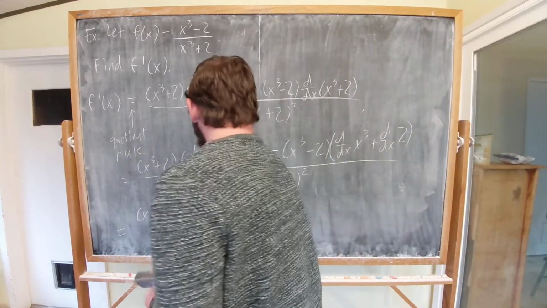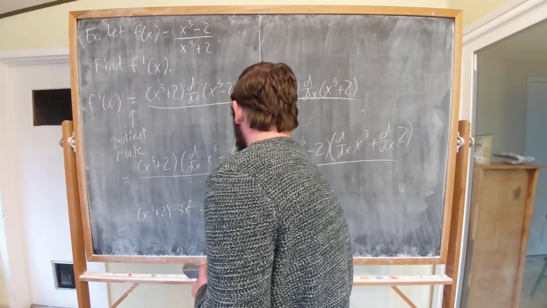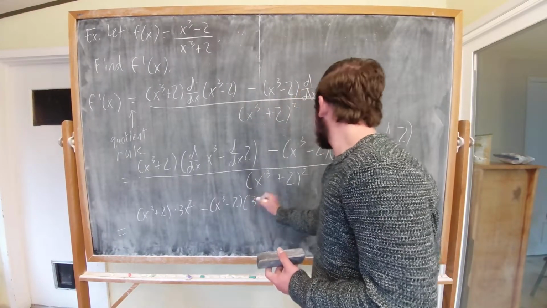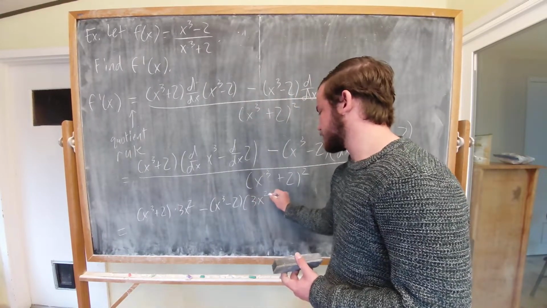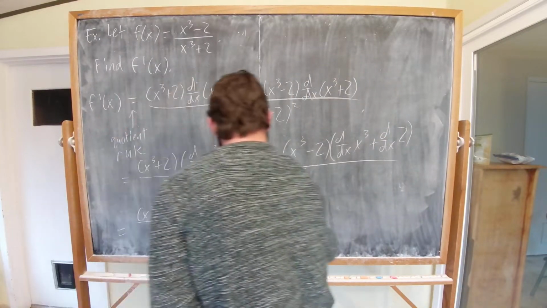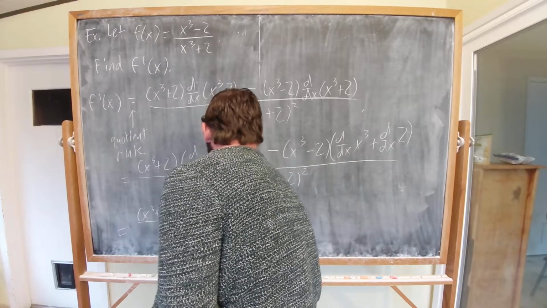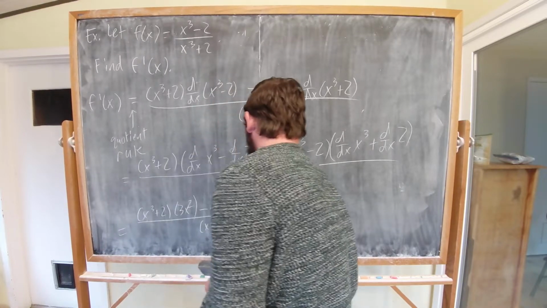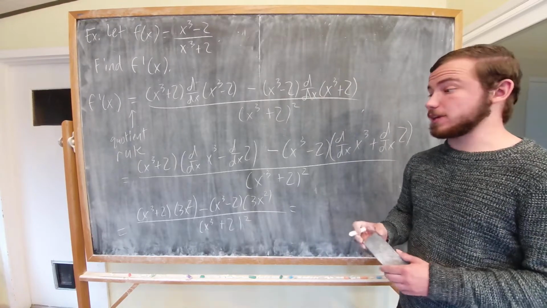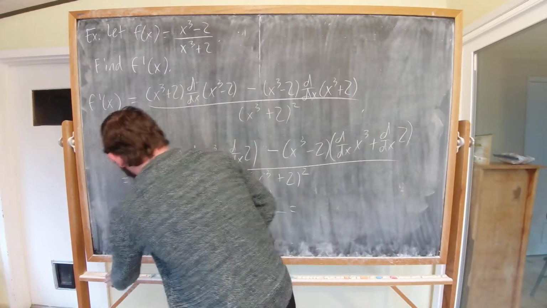Here, we have minus x cubed minus 2 times, again, 3x squared. All divided by x cubed plus 2 squared. And we can do some algebra to simplify from there.